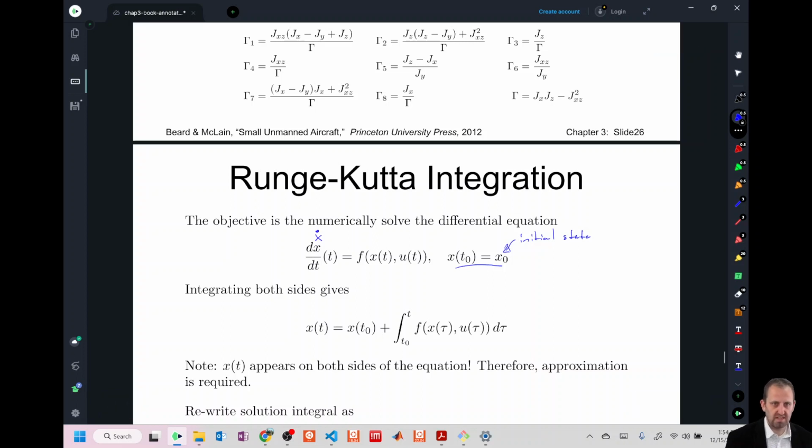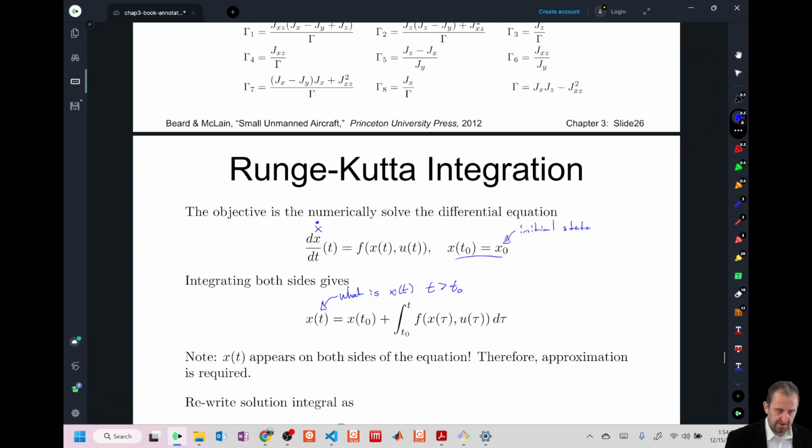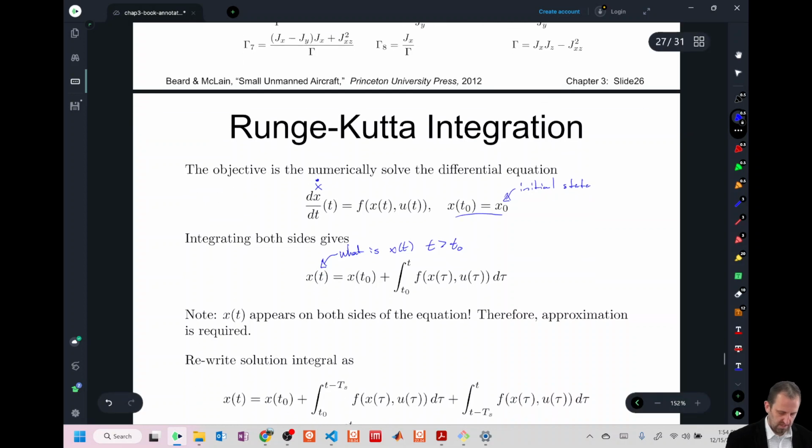We know something at the beginning, and the question is, what is x at some point in time where t is greater than t naught? We want to be able to know what our state is in the future, or simulate things going forward in time. So we do end up having x of t appear on both sides of the equation. So it's something that we need to solve and approximate.